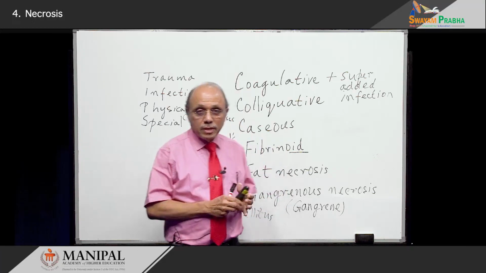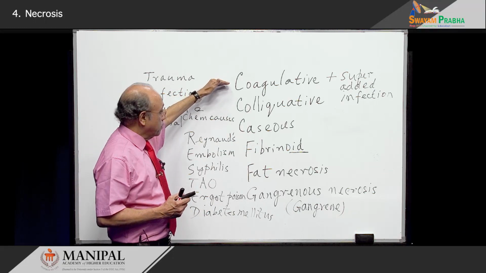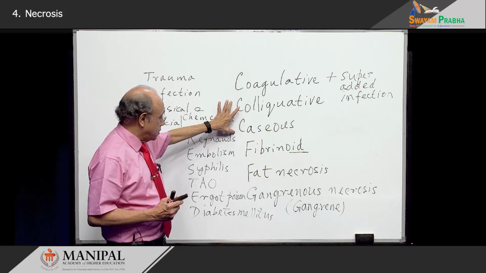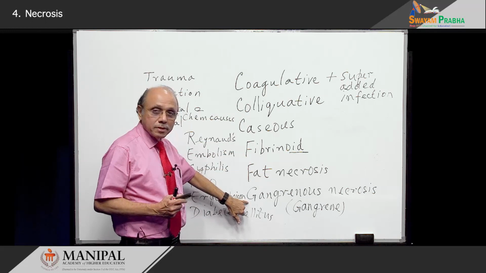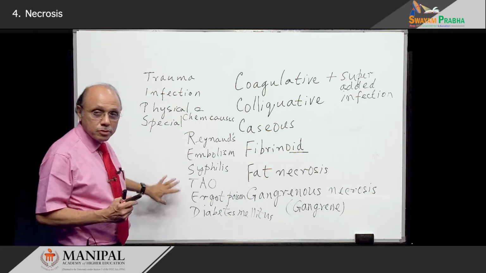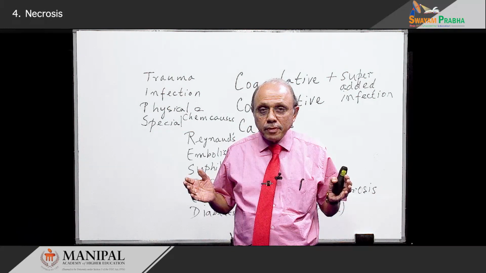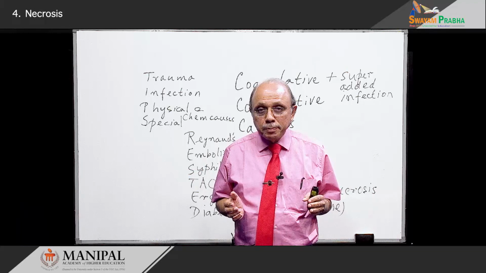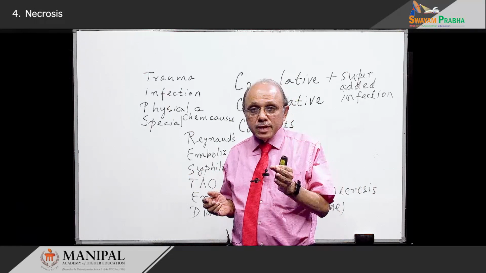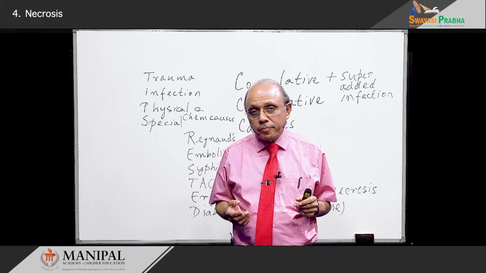I hope at the end of the learning you will be able to at least have a snapshot of the different types of necrosis. Remember the 3 C's, the 2 F's and the G, and also remember the TIPS RESTED that goes into the making of gangrene. In summary, gangrene represents death of cells or death of tissue within the living body.